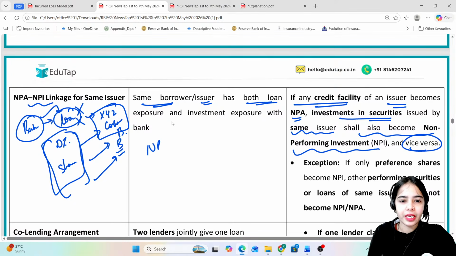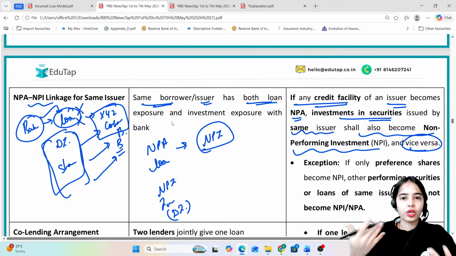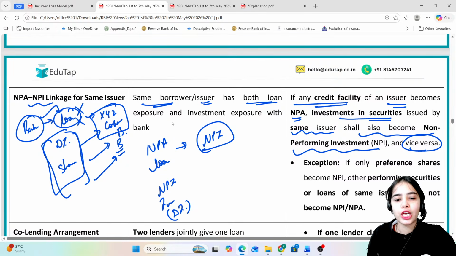So if a loan is becoming NPA, the investments will be considered non-performing investment. If the investment, let's say a debt instrument, has become NPI, non-performing investment, the maturity proceeds are not coming, the amount is not being paid under the debt instrument, then the loans will be considered NPA for the same borrower.